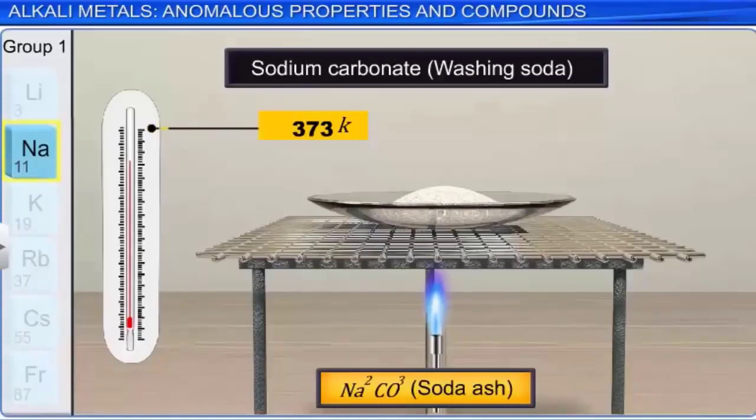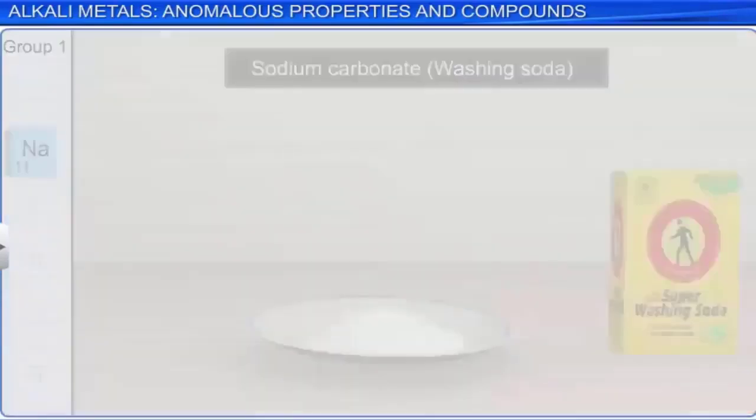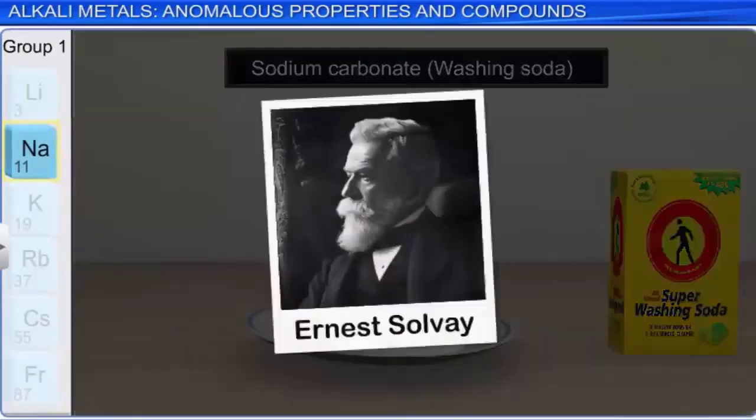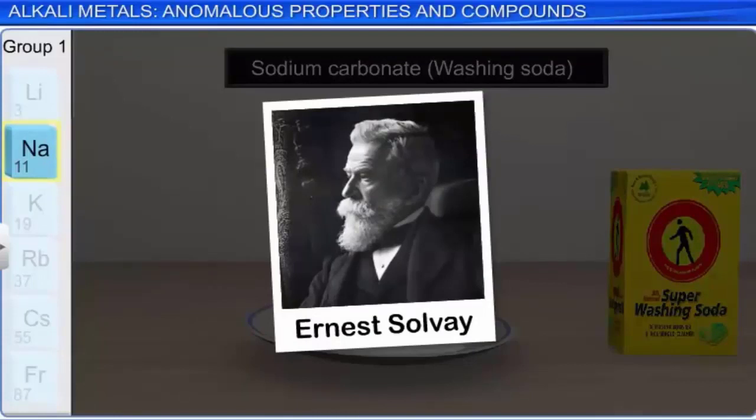Most sodium carbonate is produced by the Solvay process, which was developed in the mid-1800s by Belgian chemist Ernest Solvay. This process, which has several steps, takes advantage of the low solubility of sodium hydrogen carbonate in water. Let's go through the steps of the Solvay process.